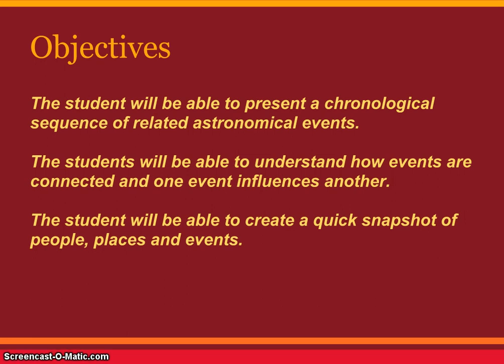So they'll be able to see how the discovery of one astronomical event or happening or idea led to the next discovery or a future discovery in astronomy. And the students will be able to create a quick snapshot of people, places, and events that are happening throughout astronomy.